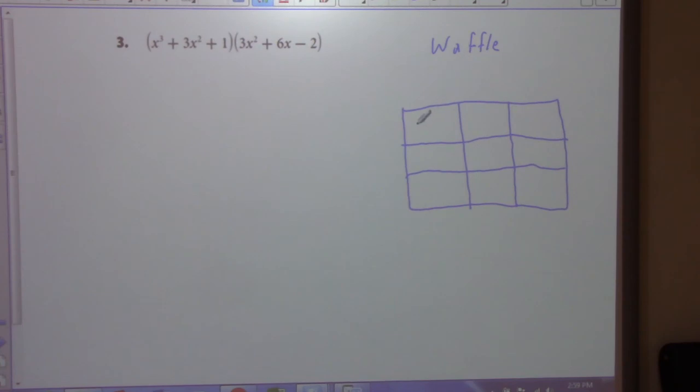All right, so go ahead, Bryce. Then I put the 3x squared on top, plus 6x, that's positive 6x, and then the negative 2. Okay. And then x cubed, 3x squared, and then positive 1.